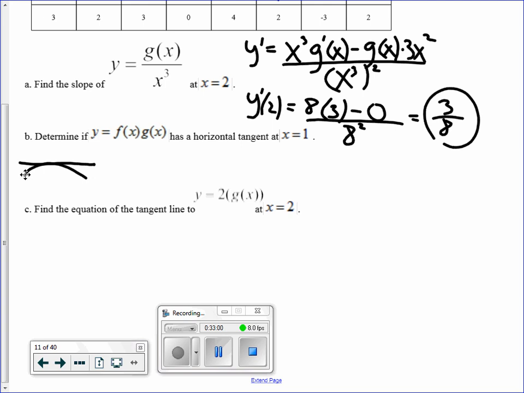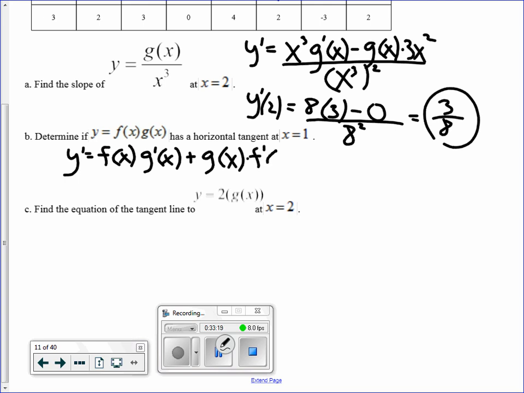So we're going to see if, when we get the derivative and plug in 1, we get 0. So let's get the derivative. We have to use the product rule: first times derivative of the second, plus the second times the derivative of the first.